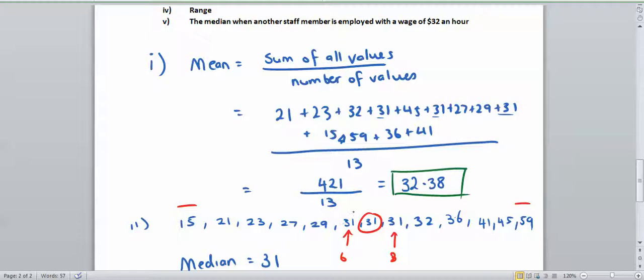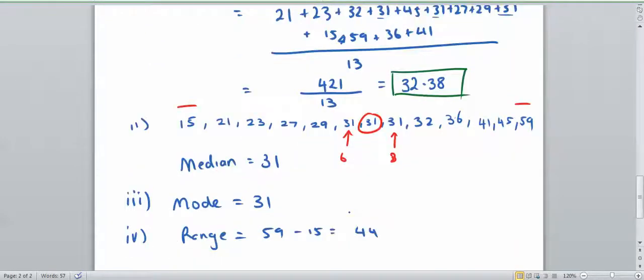And it says here the median when another staff member is employed with a wage of $32 an hour. Well, what we then do is we insert another 32 there, but all of a sudden we have an even amount, 14 values. So this is the 7th value here, and we need to work out the value in between.